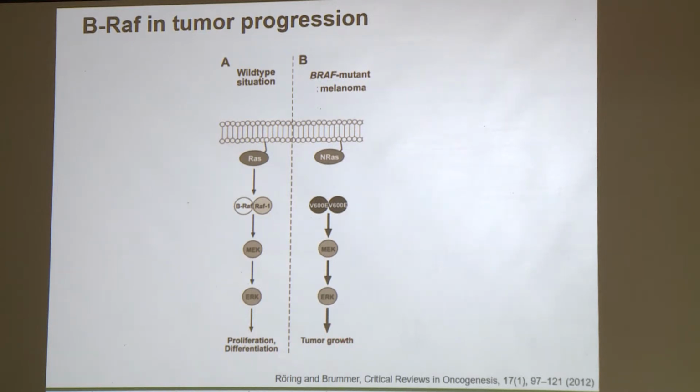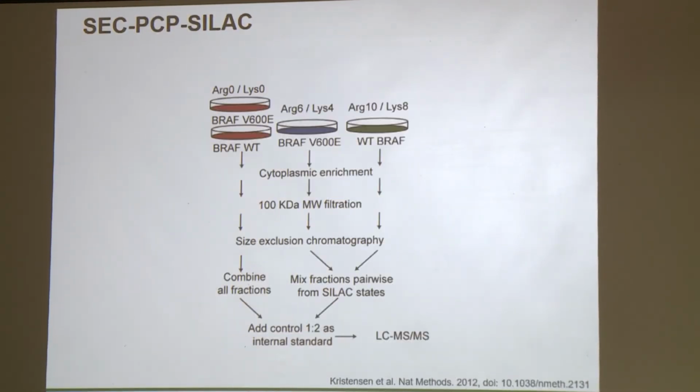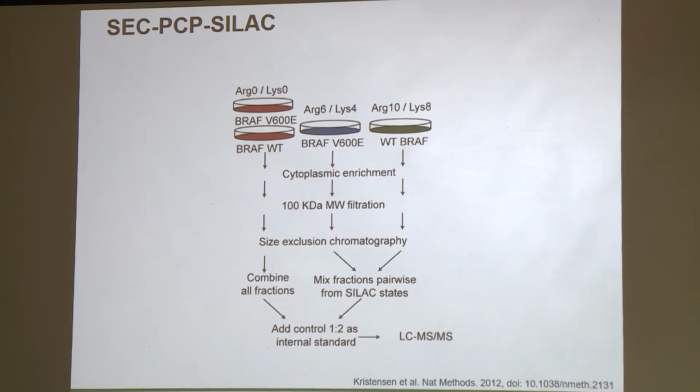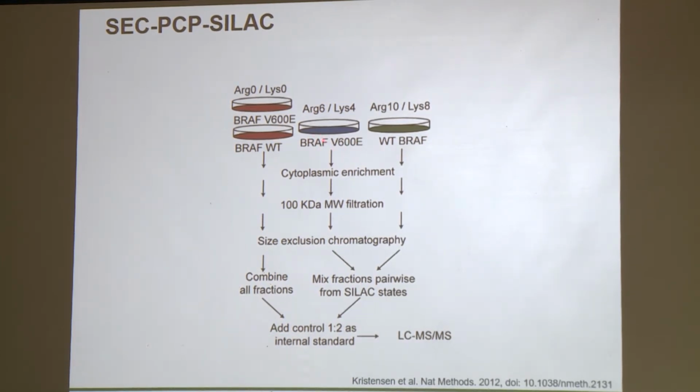So in this project, we wanted to study the protein-protein interactions of wild-type BRAF and of our mutated V600E BRAF. We did basically exactly the same as in this gradient centrifugation setup, but we used size exclusion chromatography. We have here our internal control, and this was now a triple SILAC experiment. We have here the V600E, meaning the oncogenic BRAF, and we have wild-type BRAF.